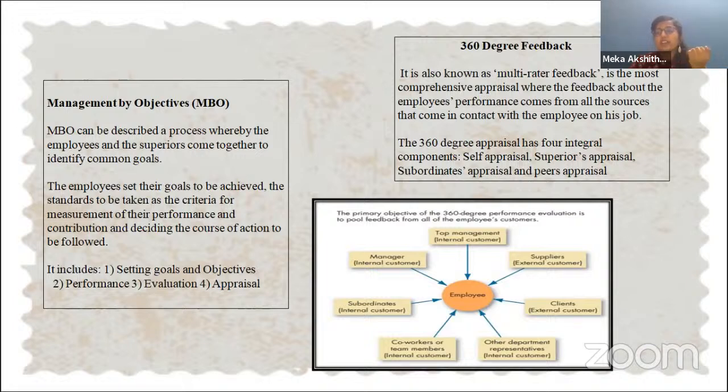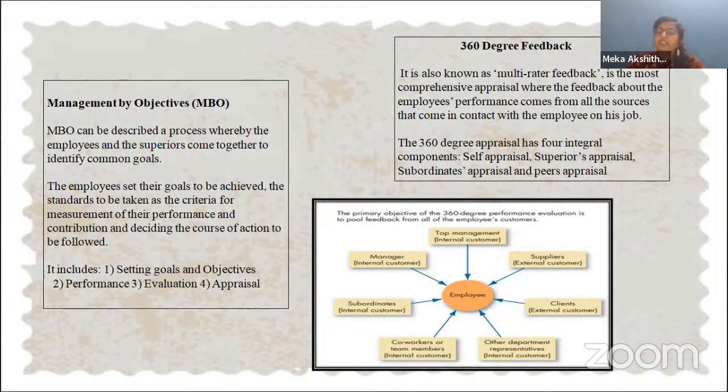Superiors appraisal is where our immediate superior would be giving feedback about our performance. Then subordinates appraisal, where employees below our role and hierarchical level would also be giving feedback about our performance. And also peers appraisal, as in colleagues or friends would also be giving evaluation about your performance.